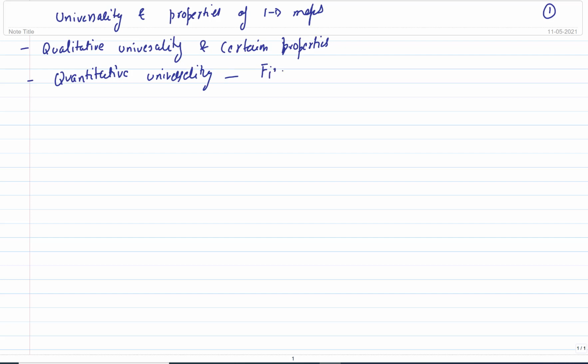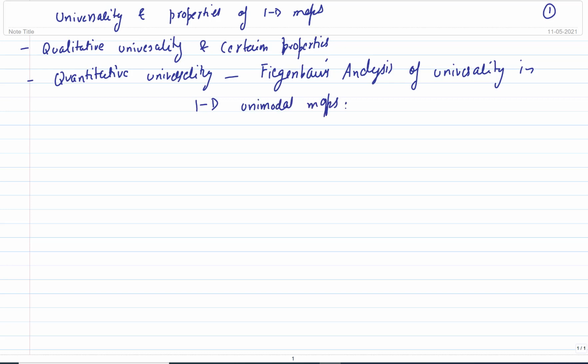Basically, Feigenbaum's analysis of universality in one-dimensional unimodal maps. By unimodal map, we mean that the map basically has one hump. This is a unimodal map.